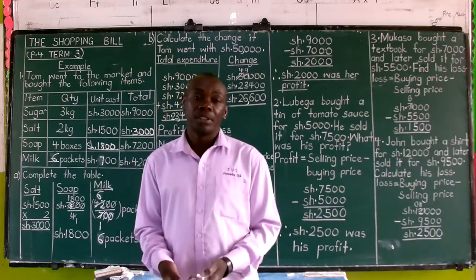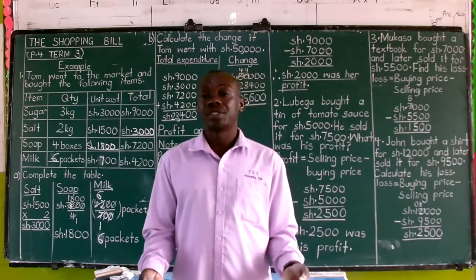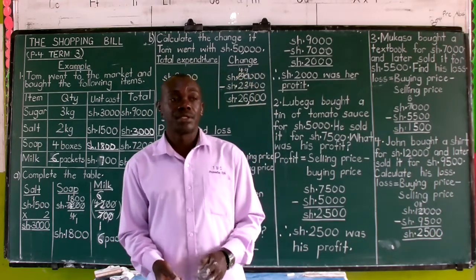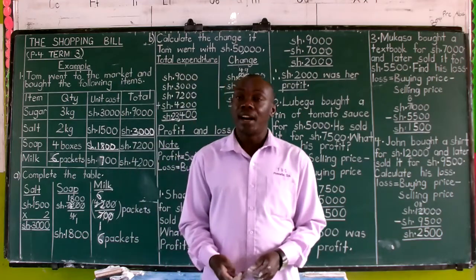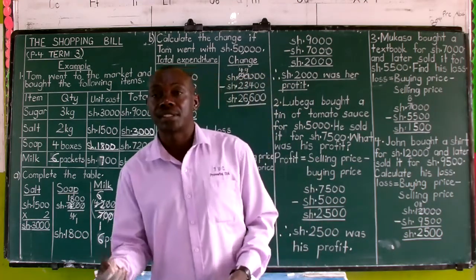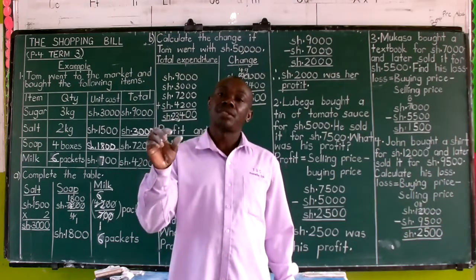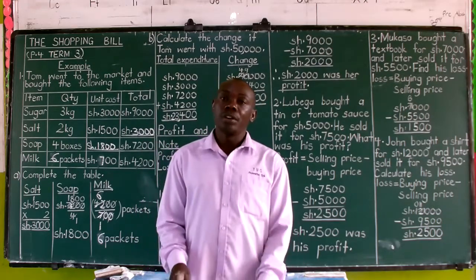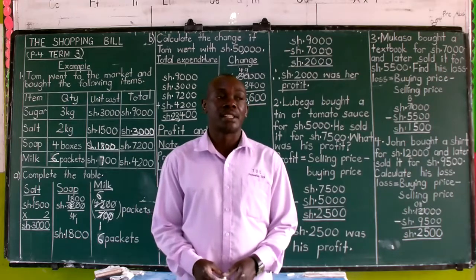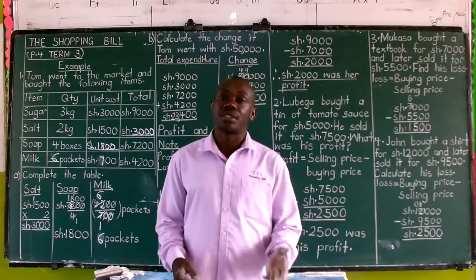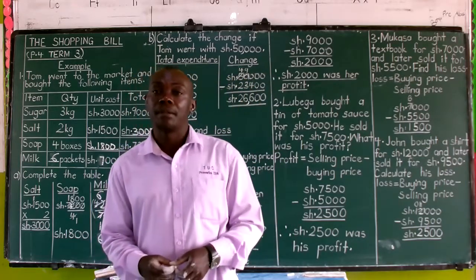For example, one can buy a geometry set at 1,000 shillings, then sell it to a neighbor who doesn't have one at 1,500 shillings. The added 500 is called a profit. So it's got by subtracting the buying price from the selling price. So profit equals selling price minus buying price.